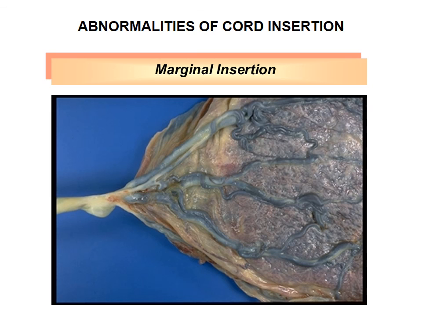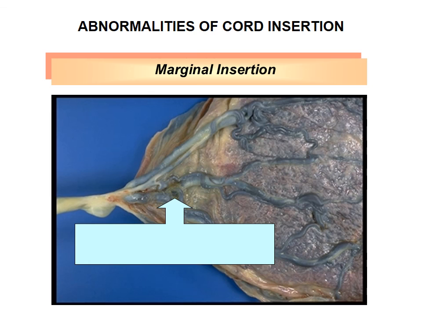Marginal cord insertion is seen in 5 to 7% of pregnancies, and it's also referred to as battledore placenta. It is best diagnosed using Doppler ultrasound, which will demonstrate cord insertion within 2 cm of the placental edge.